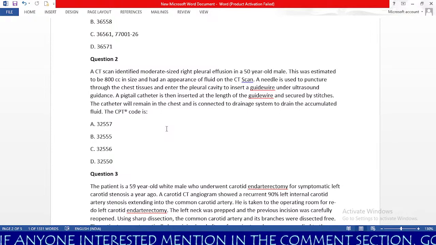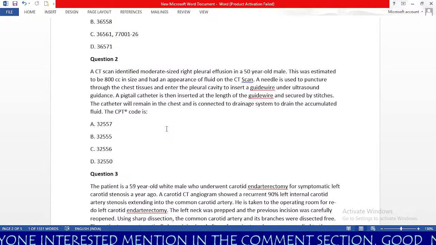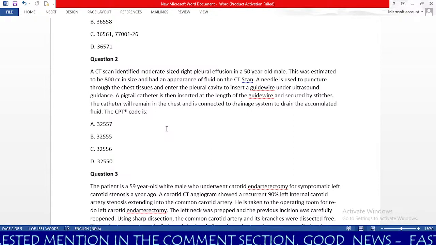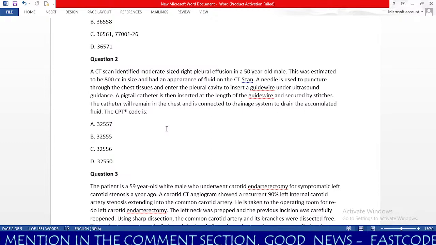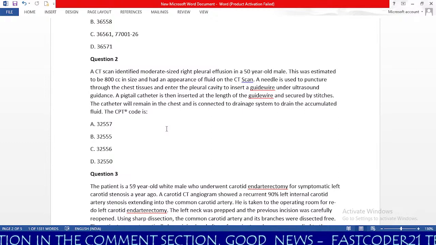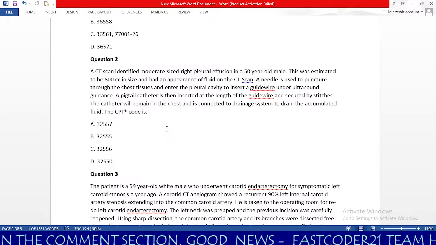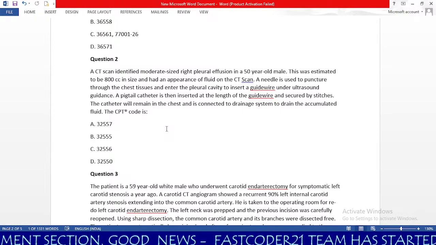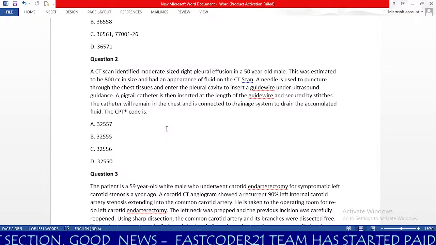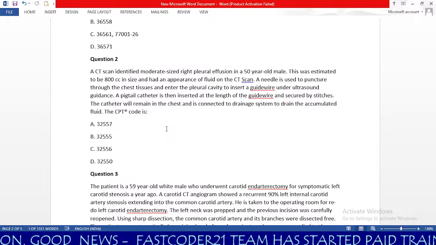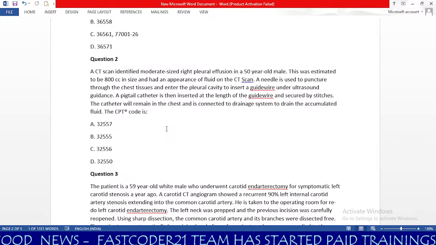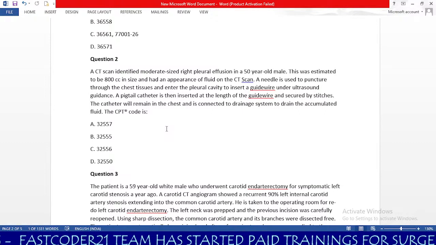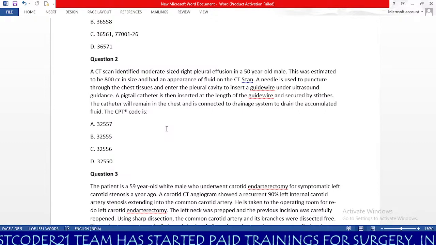Here our answer is A, as the physician has used the needle in order to go into the pleural cavity. So whenever you see needle in the documentation, you need to understand that it's a percutaneous procedure. If you check the code description of 32557, pleural drainage percutaneous with insertion of indwelling catheter with imaging guidance, 32557 is the correct answer.